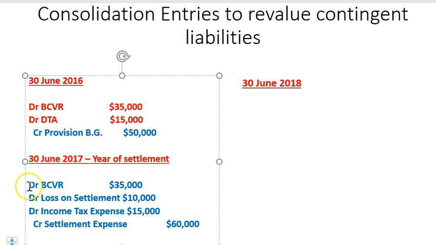We've reduced equity in the BCVR by $35,000, and we've reduced equity by the $15,000 from income tax expense. So if you add these three numbers up, they add up to a $60,000 reduction in equity. Guess how much the settlement expense was? $60,000. So that's the way it kind of flows through there.